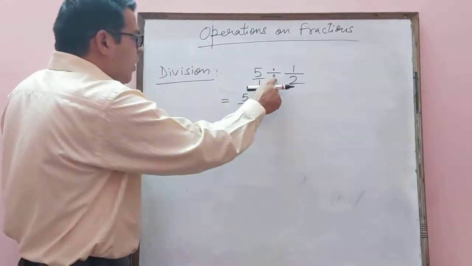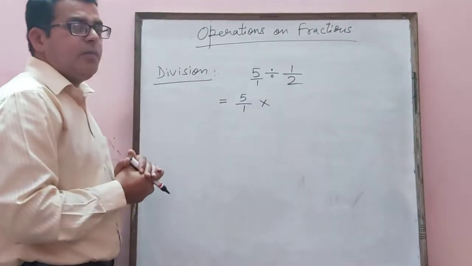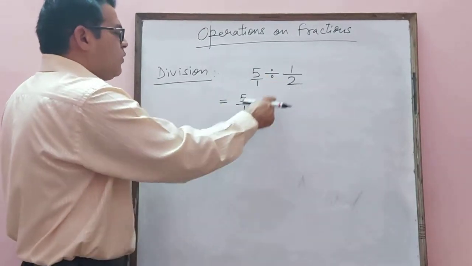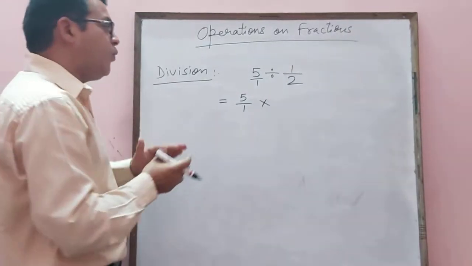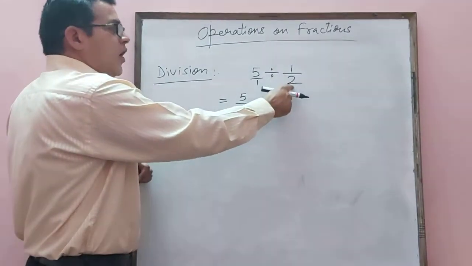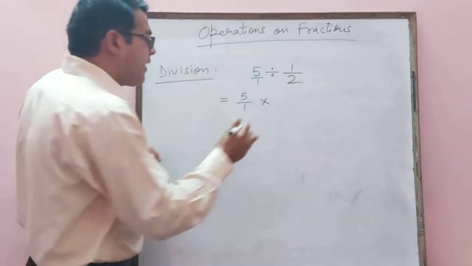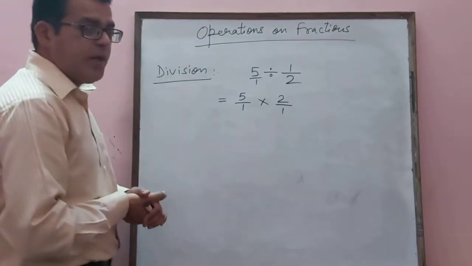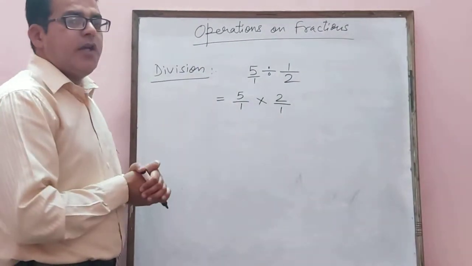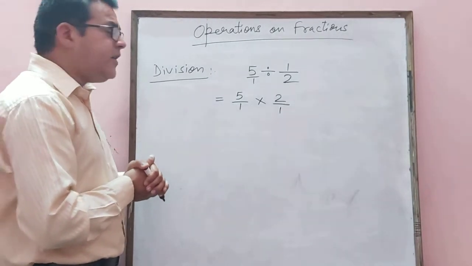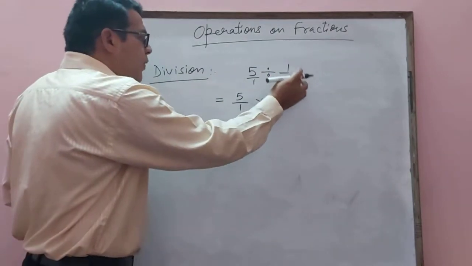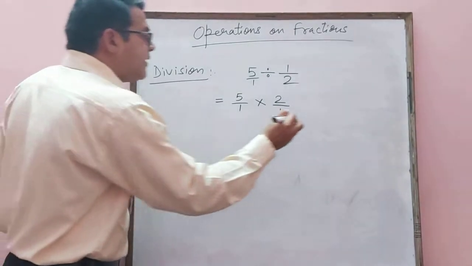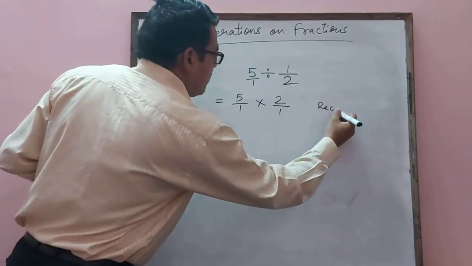So we can convert division into multiplication, and if we are converting that division into multiplication, we have to also convert this 1 by 2. We have to change the numerator into the denominator and the denominator into the numerator, right? So instead of 1 by 2, we can write here 2 by 1, and this is called the reciprocal.